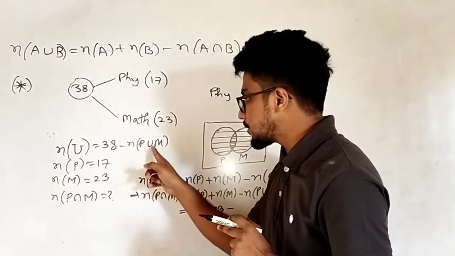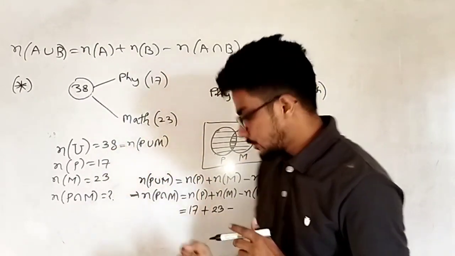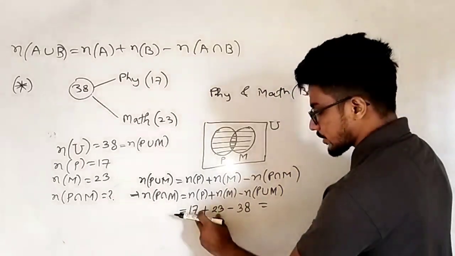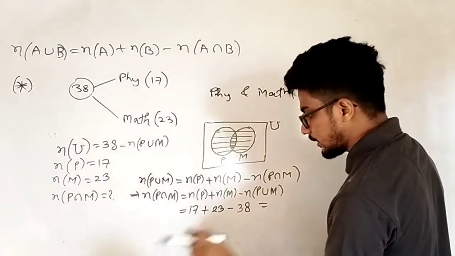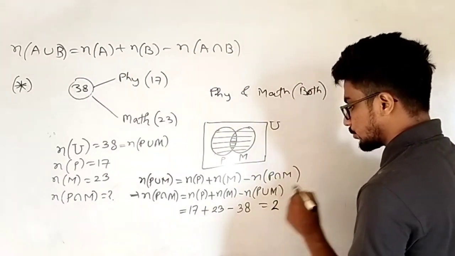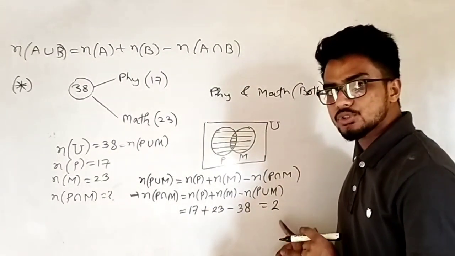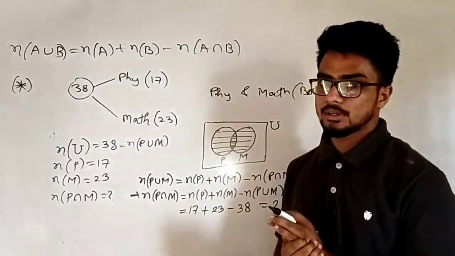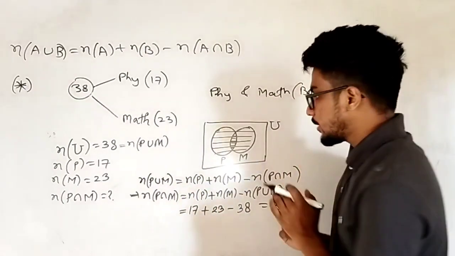So that means P union M is our 38. Putting 38 here we get the result: 17 plus 23 equals 40, minus 38 equals 2. That means two students will read both the subjects, physics and maths.